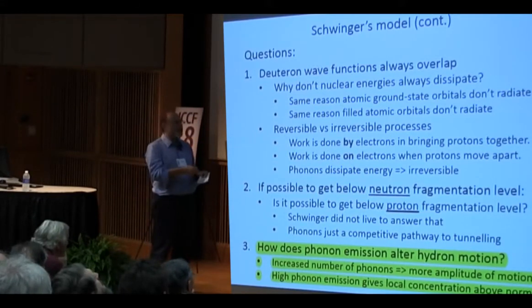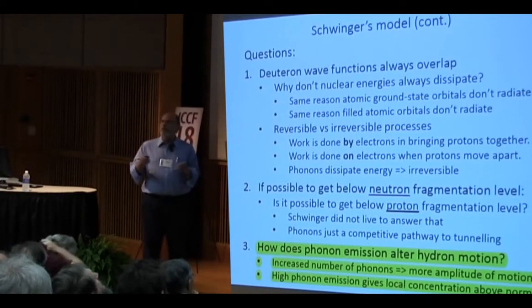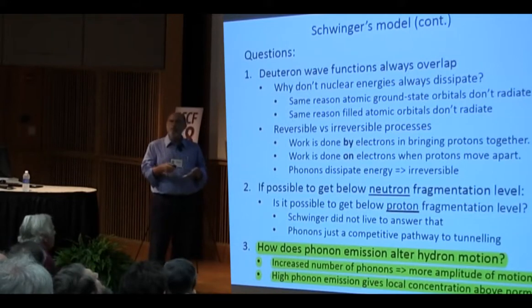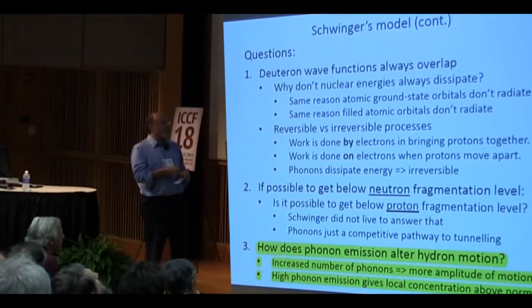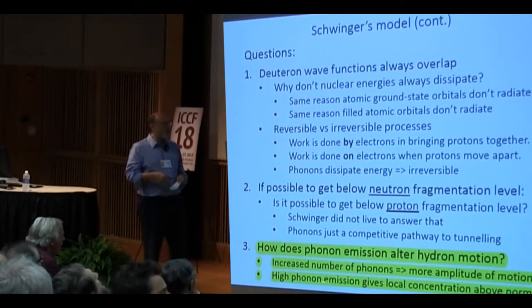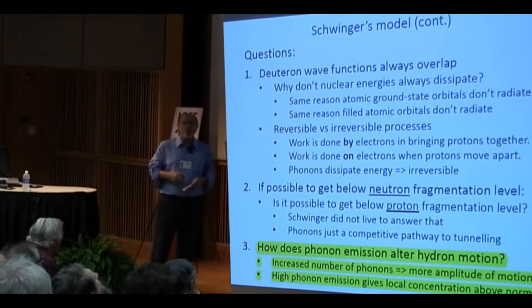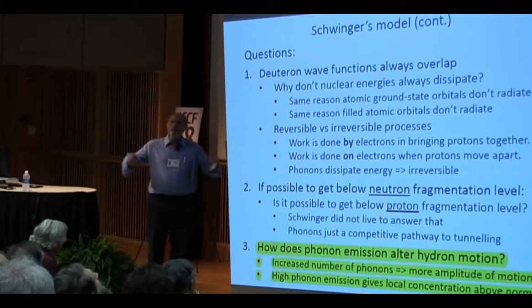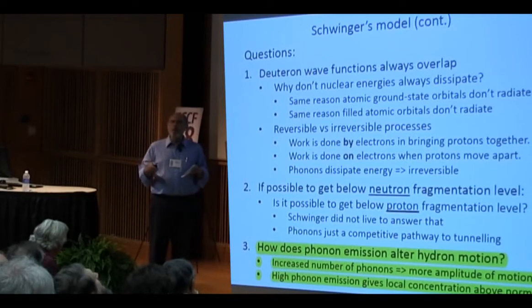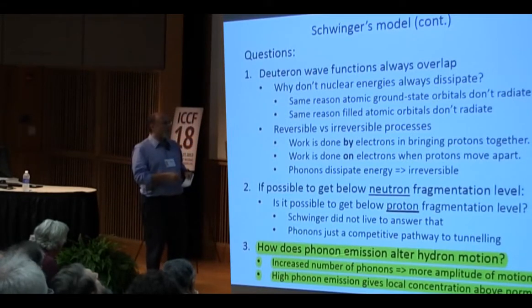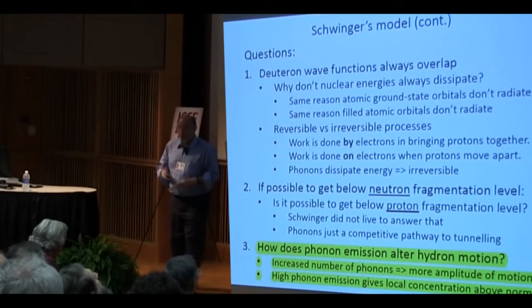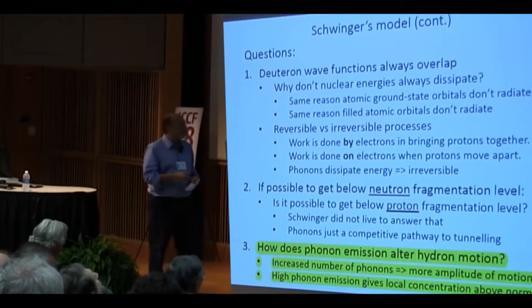The same thing happens in this breathing mode: every time you come close enough to the nuclear potential, you get a kick and generate phonons in that process. So the high phonon emission gives a local concentration of phonons, which amplifies the motion again. Those phonons are then dissipated, and you're dissipating nuclear energy through the lattice, but at the same time you're establishing a much closer relationship between the different deuterons.